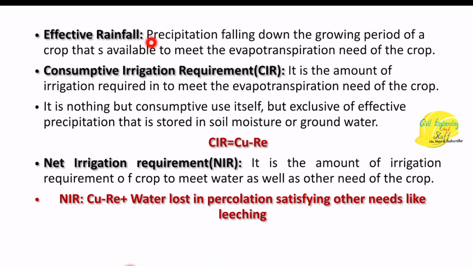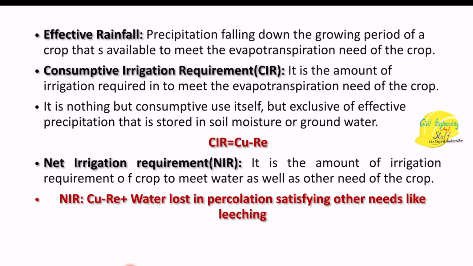Effective rainfall is the precipitation falling during the growing period of a crop that is available to meet the evapotranspiration need of the crop. Through natural rainfall, the crop is fulfilling its evapotranspiration need.